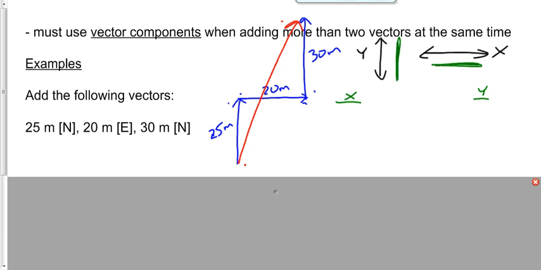Look at the 25, the first one. How much of that 25 to the north is x going this way? 0. How much of that 25 goes this way? 25, all of it.